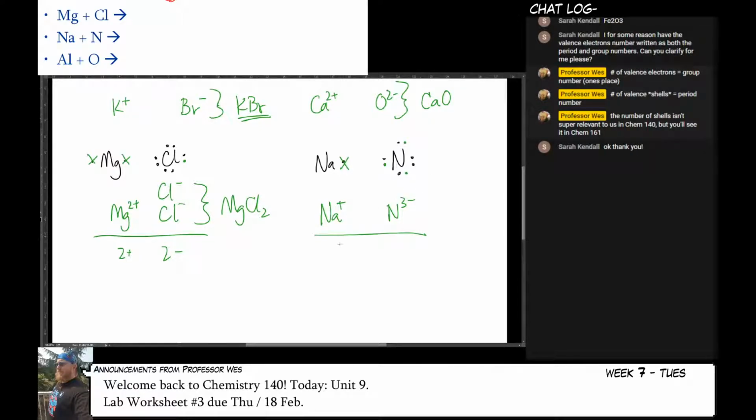So these charges obviously don't balance out because I have way too much negative. So I need more positives. How many more positives am I going to need? Well, you can probably guess that I got to put 3 of these in here. That's supposed to be a check mark, but... There you go, Na3N. That's the compound that we get there.